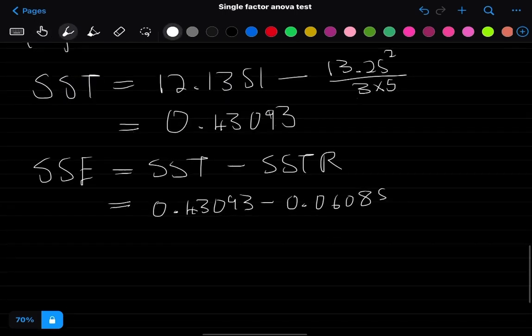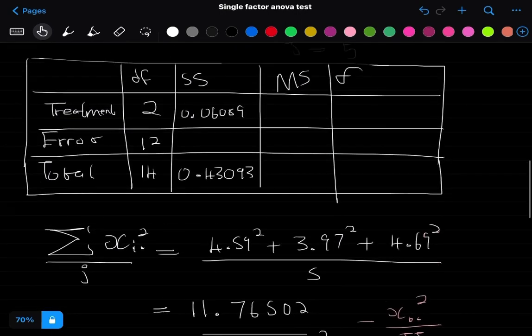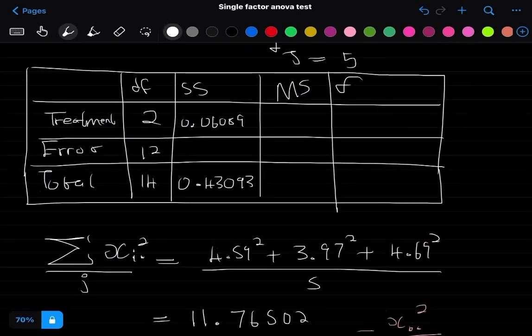Yes, it should be 0.37008 rounded. I can write it here now.